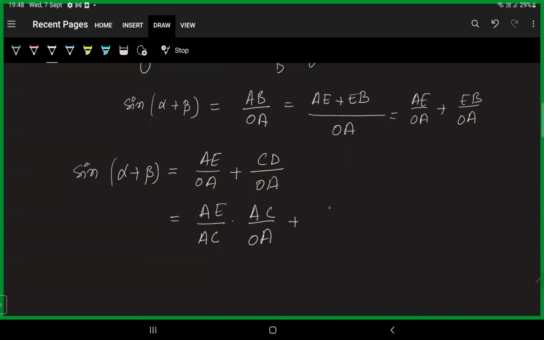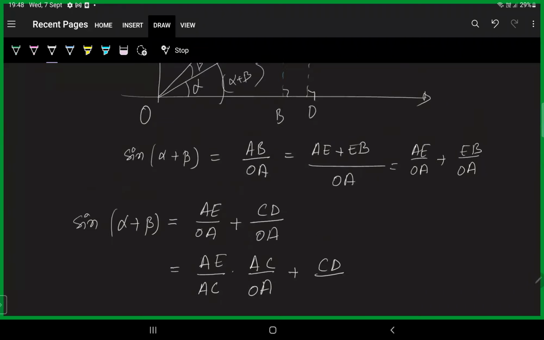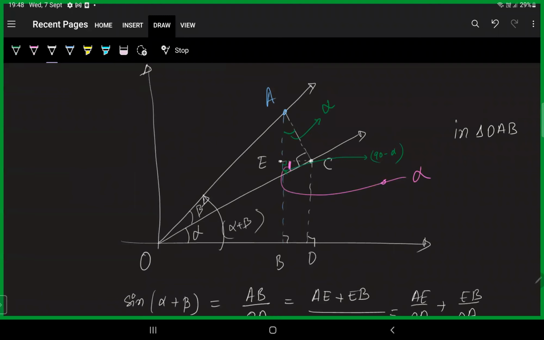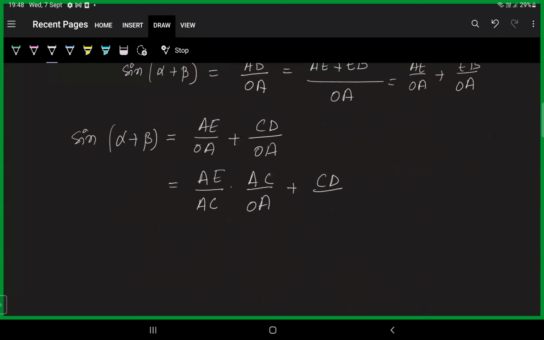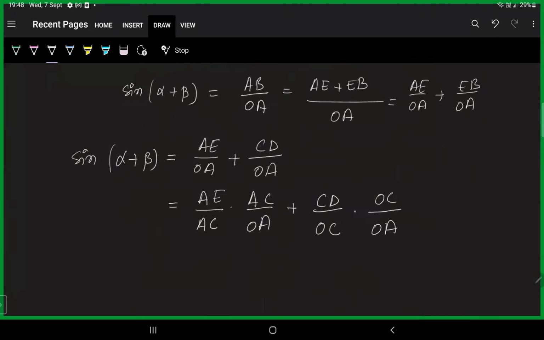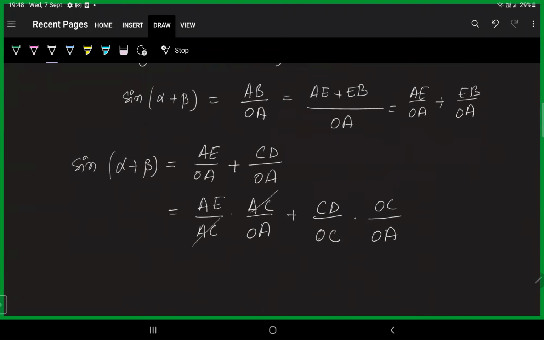Now similarly we can write this in this triangle. So what we are going to write is CD upon OC, into OC upon OA. Again these two will get cancelled out, and we'll get the above term.